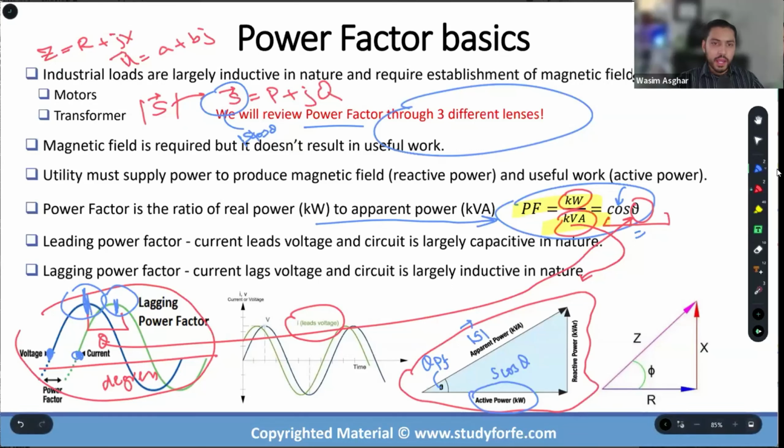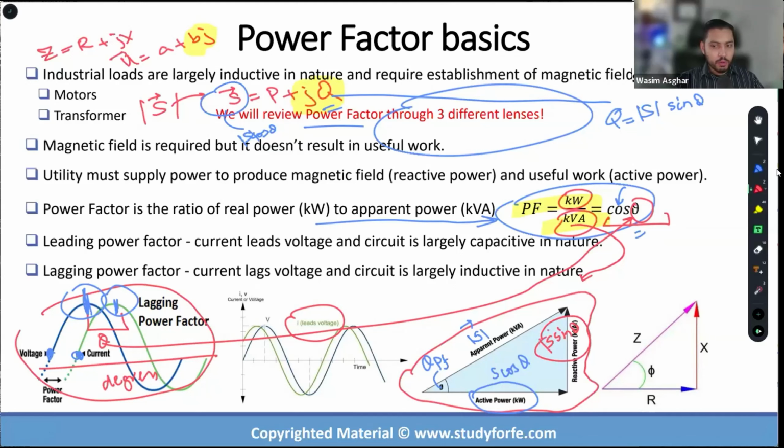As far as the y component is concerned, because j is on the y-axis, remember, over here B is on the y-axis, the B component, I can simply express this as Q is equal to S times sine theta. We can go into trigonometry in detail if you like, but at the very least, I would like you to understand what the makeup and composition, what the ingredients of this power triangle are.